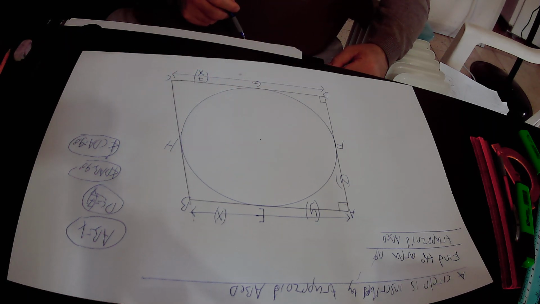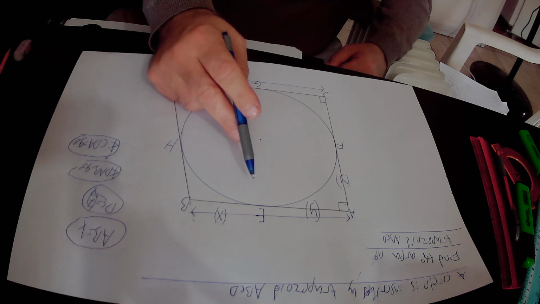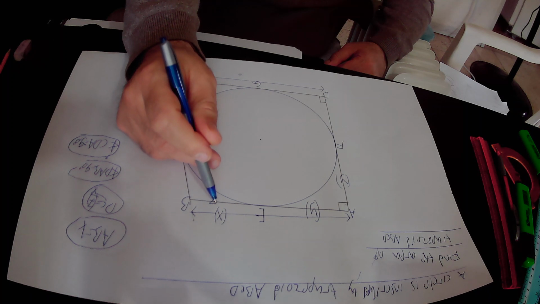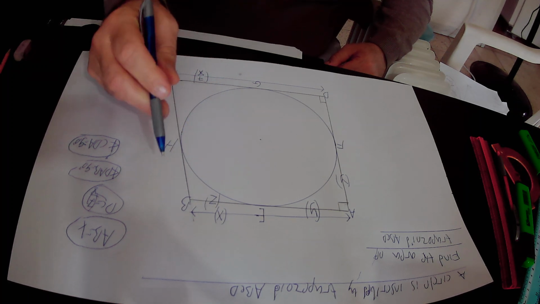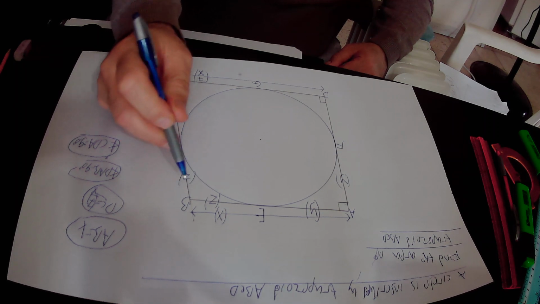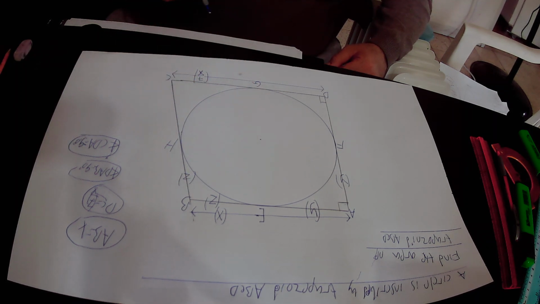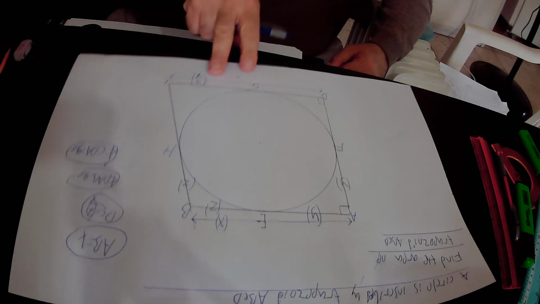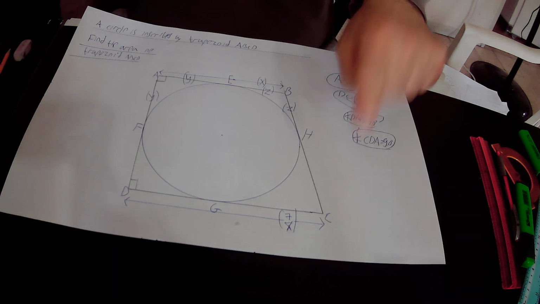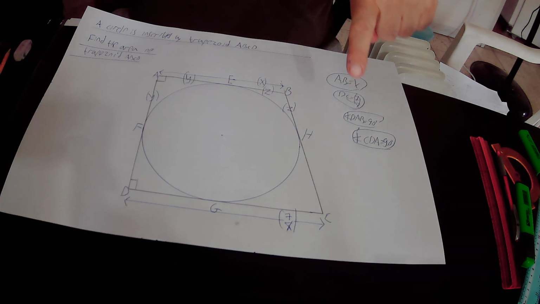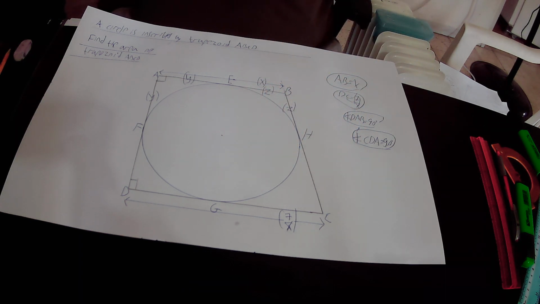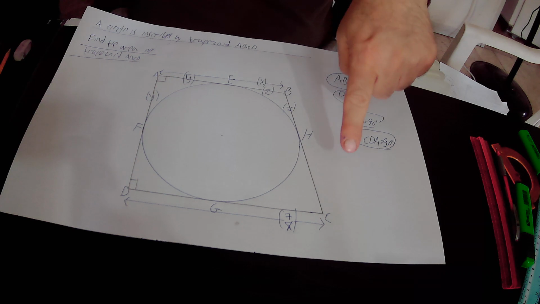So if we define the length of tangent BE as z, then BH must also be equal to z, because according to rule 2, BE equals BH. Likewise, we'll focus on this common external point C. From this common external point C, we have two tangents to this circle, tangent CH and tangent CG. And according to rule 2, they are equal to each other. That is to say, CH equals CG.